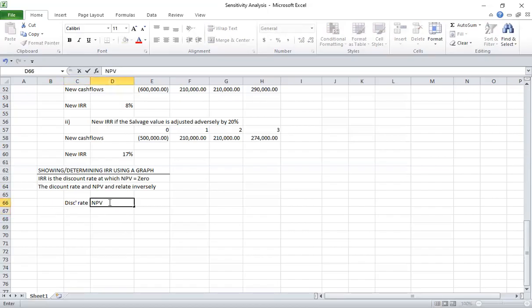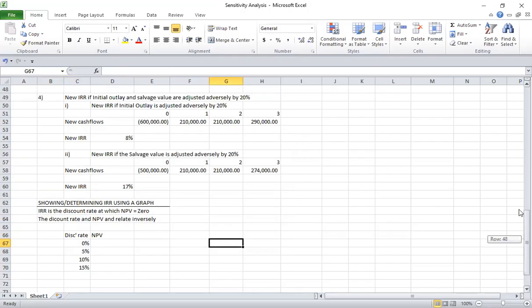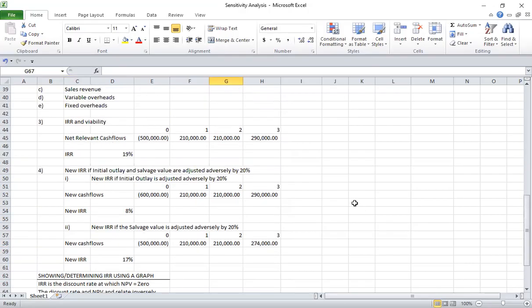If the discount rate is 0%, there will be so much NPV. Let's assume we increase this to 5%, then to 10%, very simply adjusting by 5%, and then to 15%. Now, the IRR that we computed before, remember, was 19%.